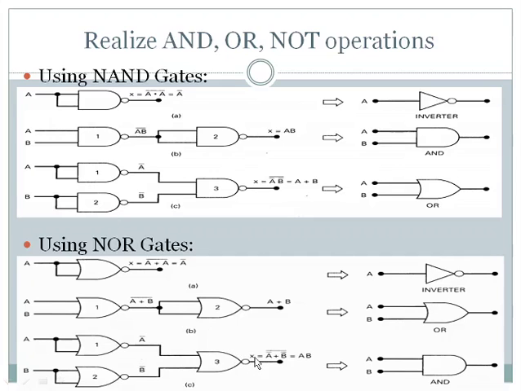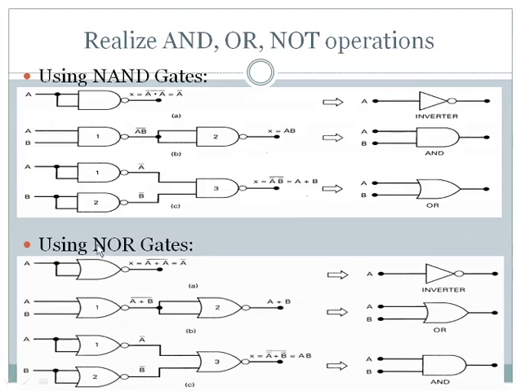The output of this third NOR gate is X equals (A bar plus B bar) bar. And by using De Morgan's theorem, the output equals A dot B, which is the AND operation between the two input variables. So we can say that this circuit, which contains only NOR gates, realizes the AND operation. This entire logic circuit is equivalent to an AND gate.